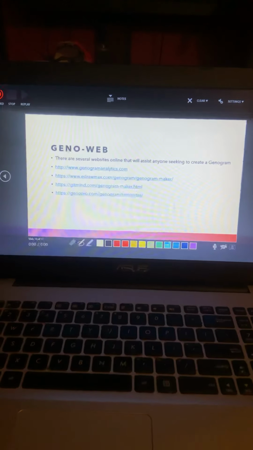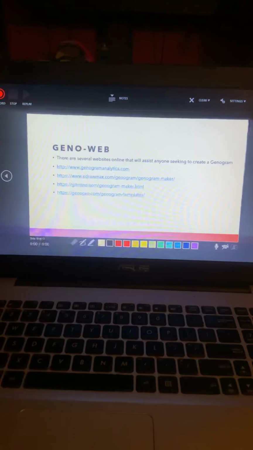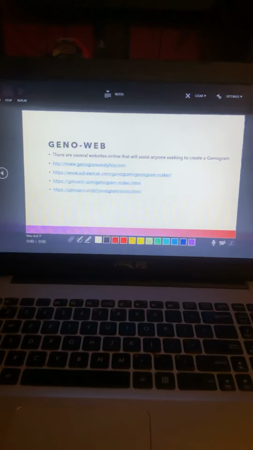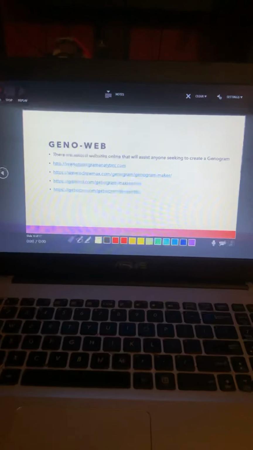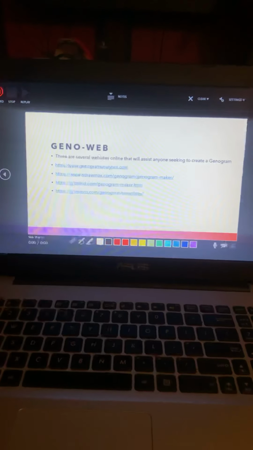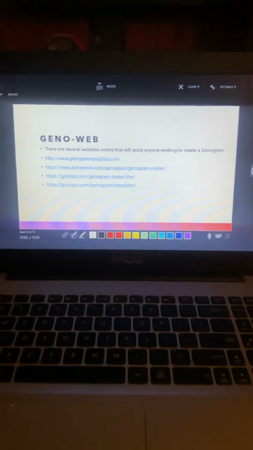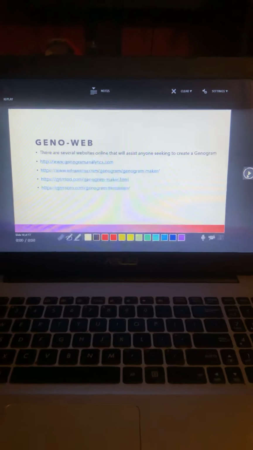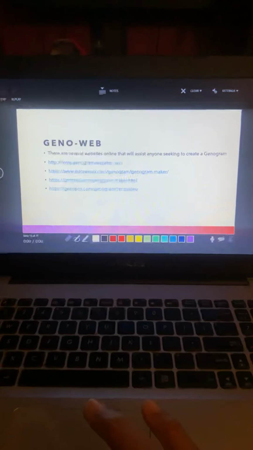Genoanalytic.com, the EdrawMax.com genogram maker, the getmine.com genogram maker, and the GenoPro different templates. So if you have time, you can look through these if you want to start creating your own genogram, maybe starting with your generation.